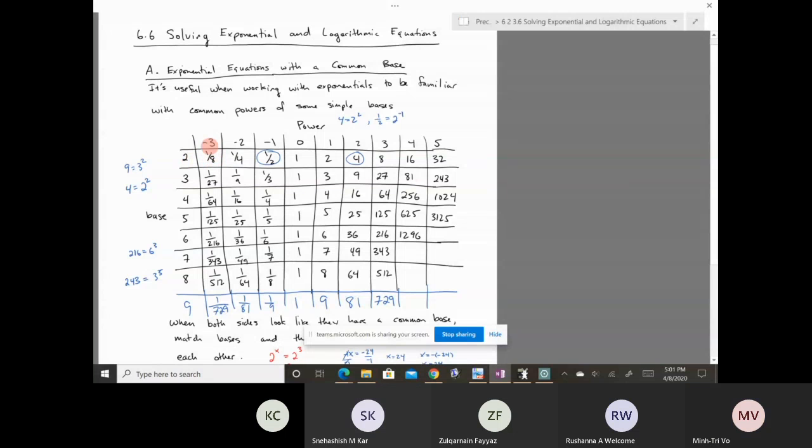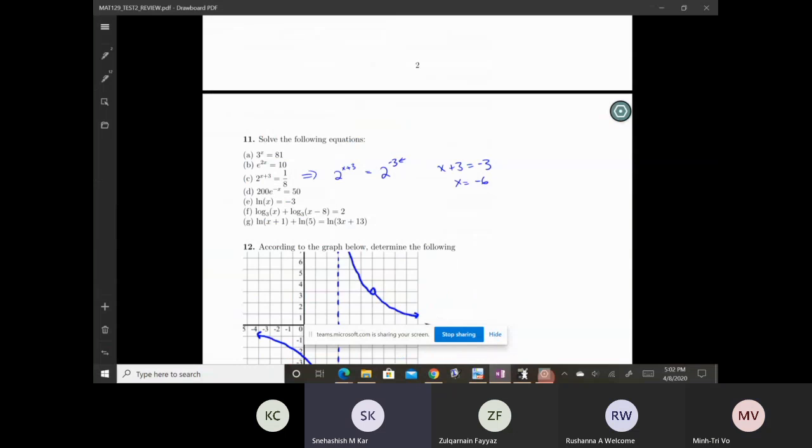The exponent is negative 3. And then x plus 3 equals negative 3. Oh, okay. It's hard to fathom the simplicity in all this. Kind of like making it complicated for no reason in my head.